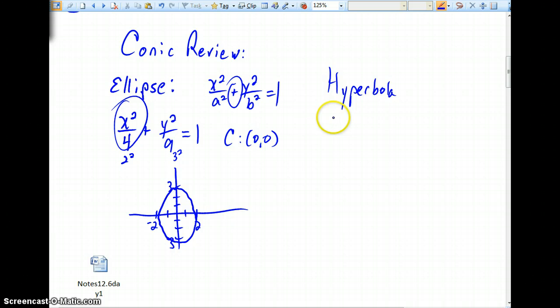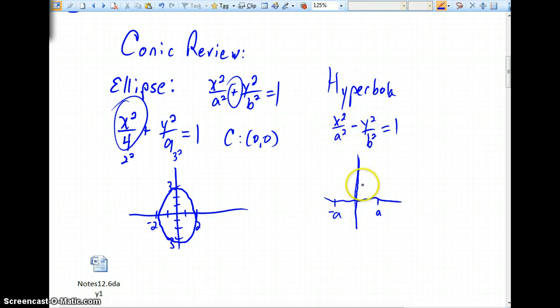subtractions. So let's just say that I gave you x squared all over a squared minus y squared over b squared equals 1. Just writing very generally right now, I'm not even doing a specific numeric example. I'd move a steps to the right, a steps to the left of my center. Again, I'm at 0, 0.